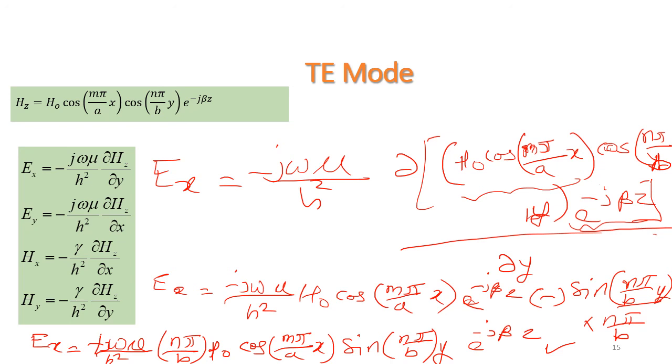In this way we can find the equation for Ey. We just have to take the derivative of d bar Hz upon d bar x. Whatever the x term, we take the derivative of the x term, and the y term and z term become constant. Similarly, we find the equations for Hx and Hy.